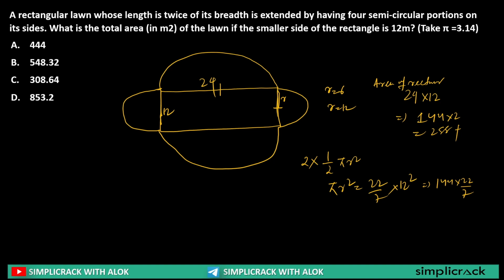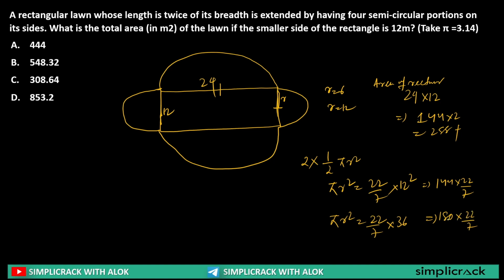Yes, it is right. Now the area of the small circle, that is pi r square, 22 by 7 into 36. So the whole thing is 144 plus 36, that is 180 multiplied by 22 by 7.